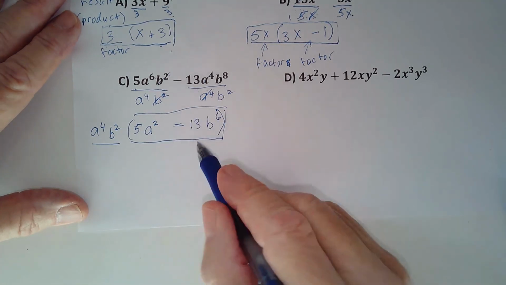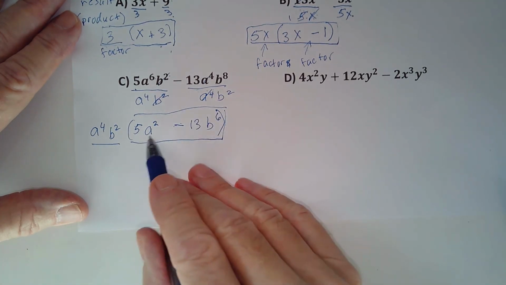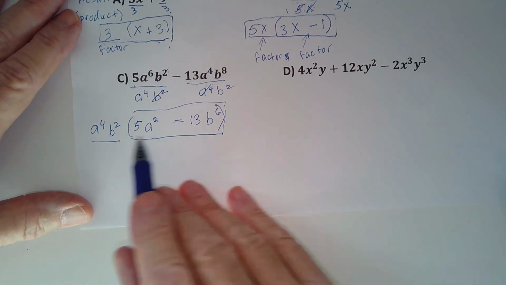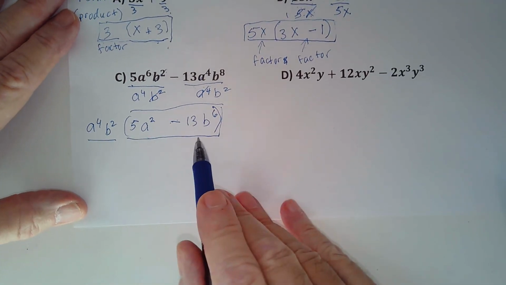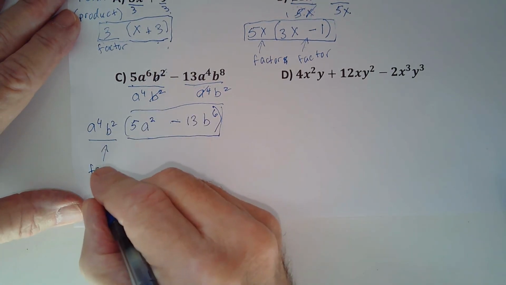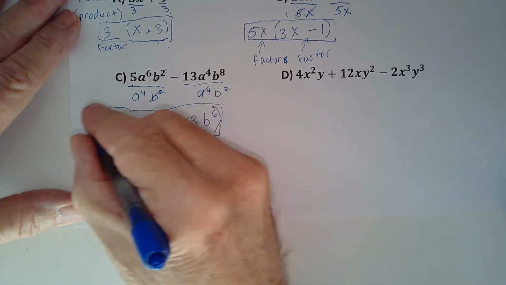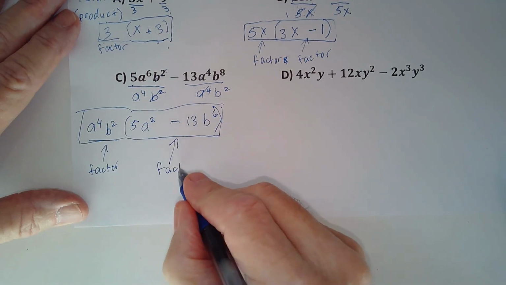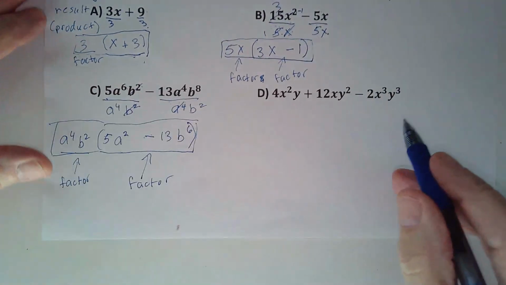They might ask you just to come out with a term, this term here, or they might have you come out with both of them. Just play with IXL on that. But these are the two factors. And this one. And that's what they want.